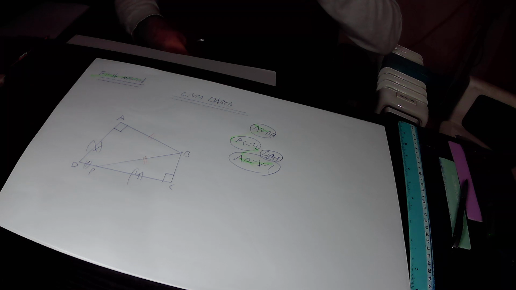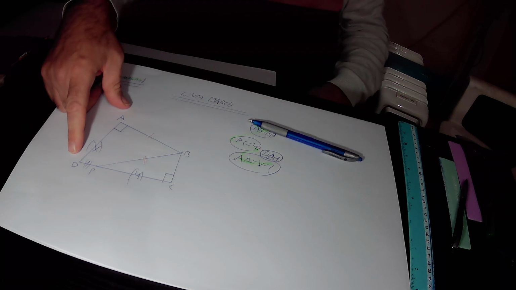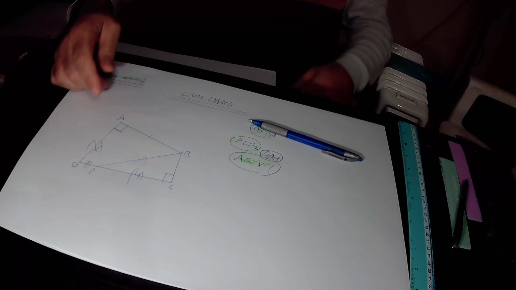Our task in the second question is to find out the length of line segment AD, or side AD, which is equal to X. We have to find out the value of X.